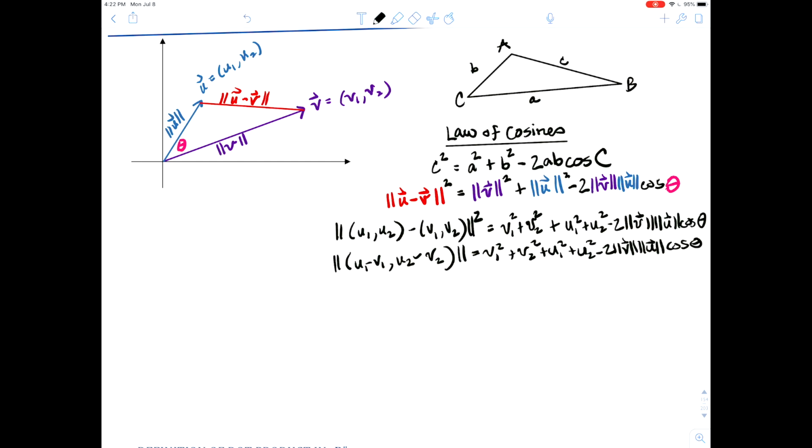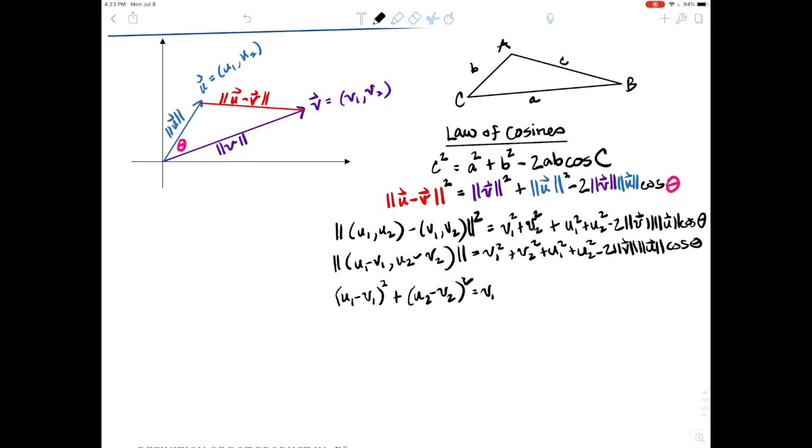Groovy? All right, so now doing this magnitude, aren't I going to have U1 minus V1 squared plus U2 minus V2 squared? We all good with that? And then I still have all this other stuff.